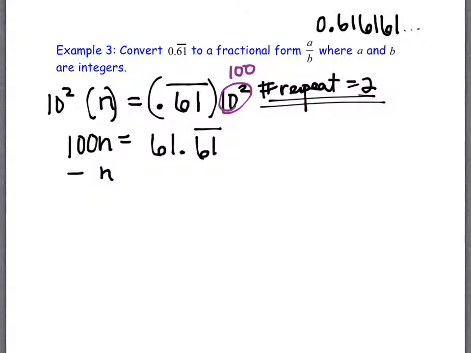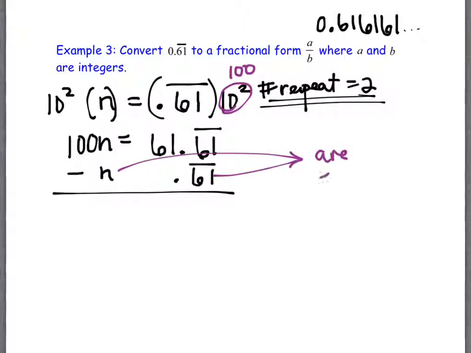So on the left, I'm going to subtract n. On the right, I'm going to subtract 0.61 repeating because these two values are equal. I'm going to subtract n from the left because the left side has n's on it. I'm going to subtract 0.61 repeating from the right because the right-hand side has 61 repeatings on it. But I'm allowed to do that because they represent the same thing. They look different, but they're the same.